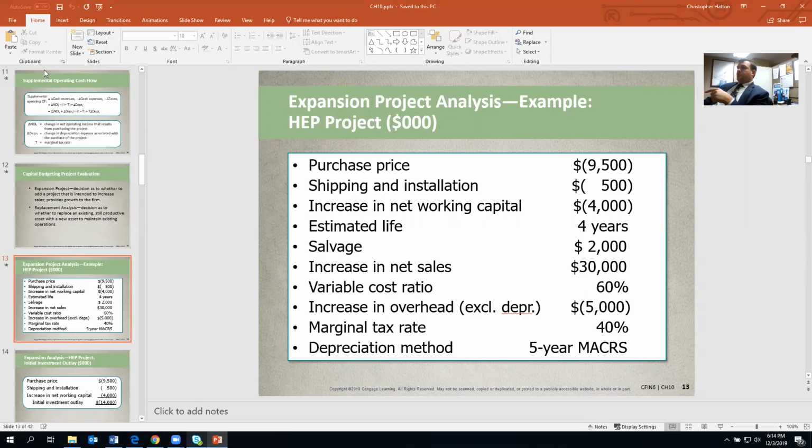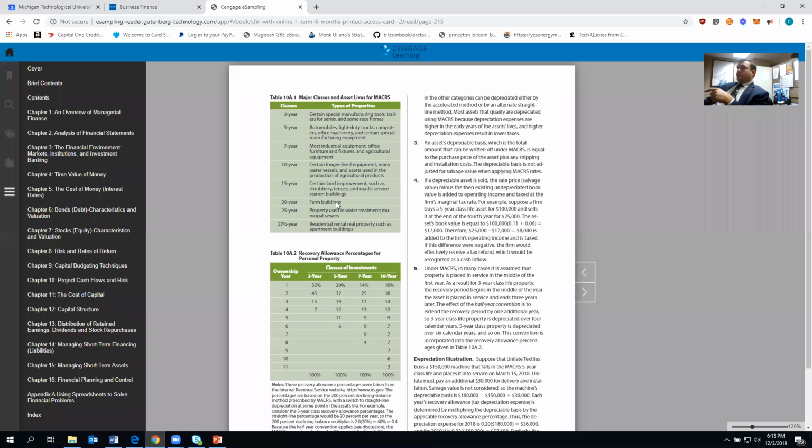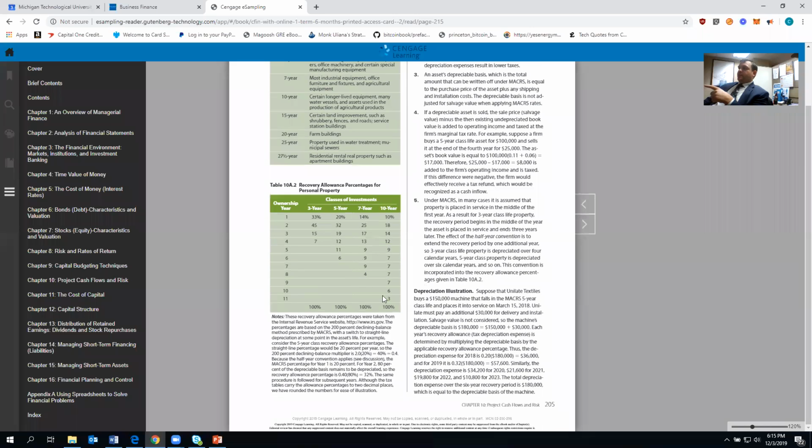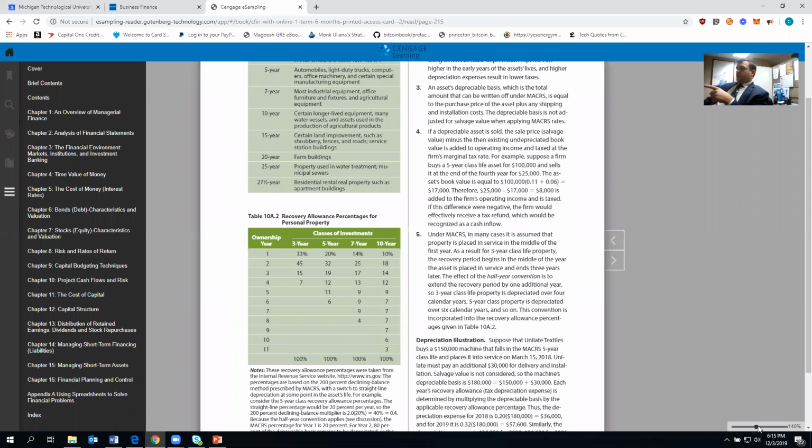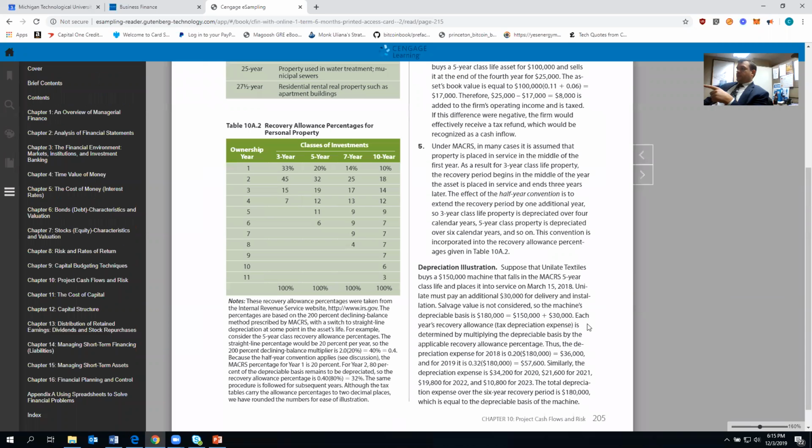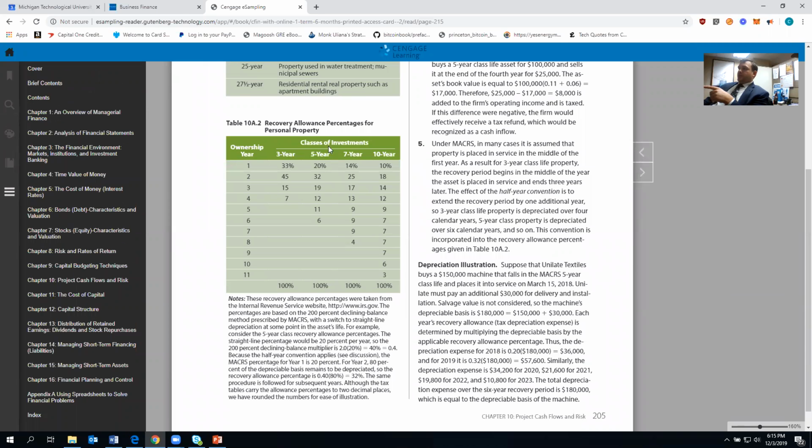So if you go to your book on page 205, you'll see a schedule here for MACRS. So the 5-year schedule is the first year 20%, next year 32%, next year 19%, next year 12%, next year 11%.